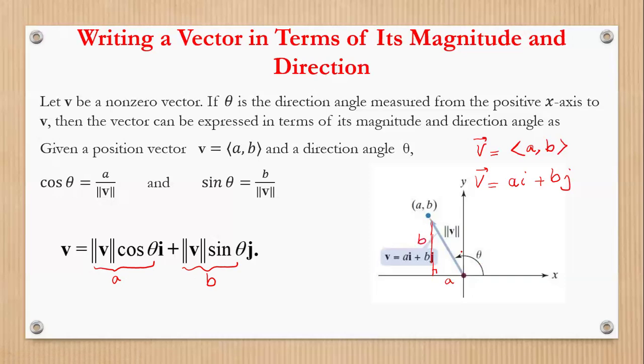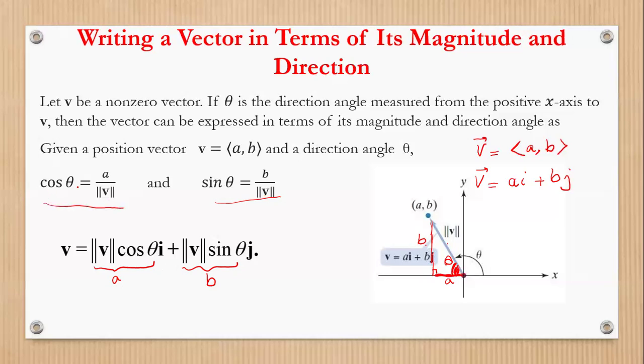And if this angle is theta, we can use a reference angle by just looking at this angle. The sine of this angle is opposite over hypotenuse, which is b over the magnitude of the vector v. Or the cosine of this angle is adjacent over hypotenuse, which is a over the magnitude of v.